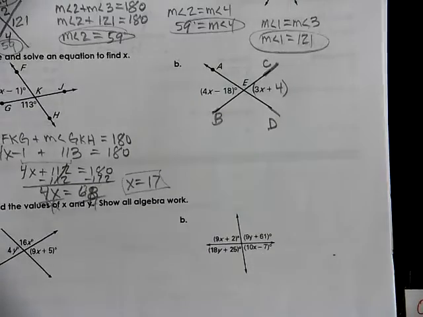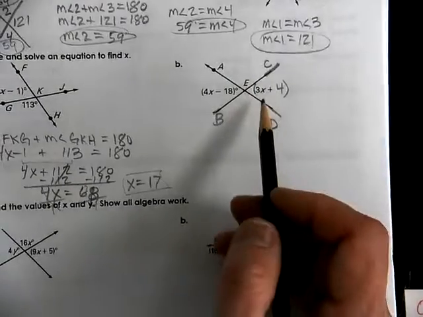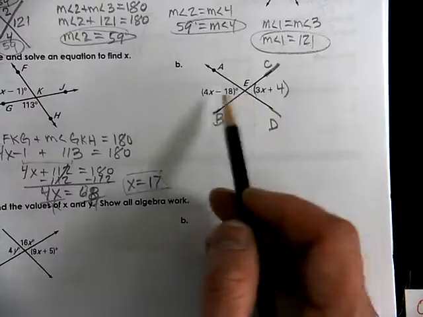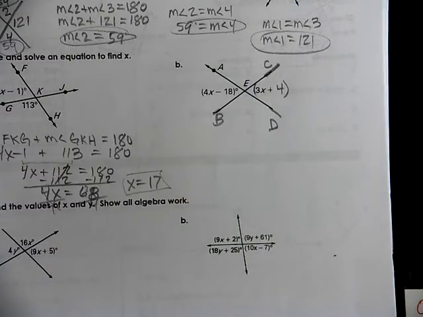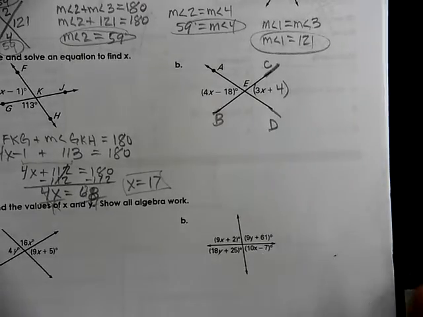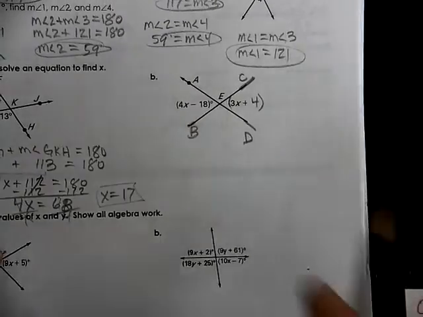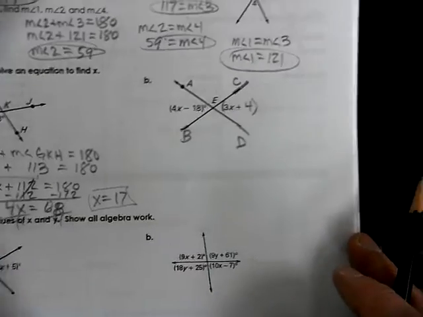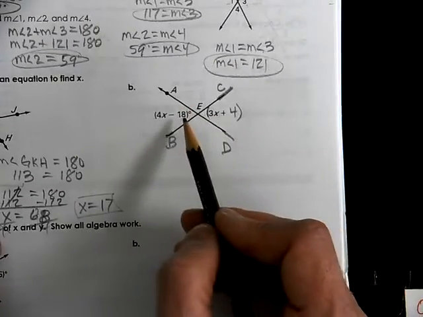Now, when you look at these two angles, you need to identify what type of angles those are. What's their relationship to each other? What type of name would these two angles have? These two angles are vertical angles.